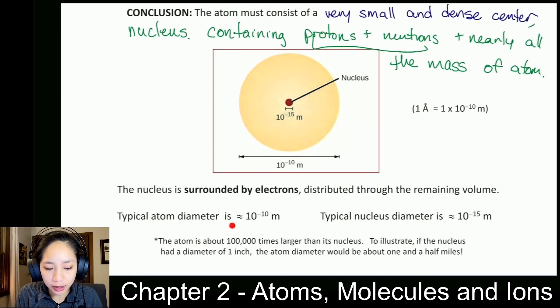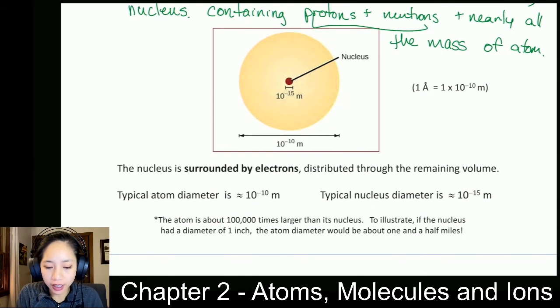And so we typically talk about the size of an atom as having a diameter of about 1 angstrom, so 1 times 10 to the negative 10 meters. And the size of the actual nucleus inside of an atom is much, much, much smaller, about 1 times 10 to the negative 15 meters. So an order of 5 smaller than the atom.